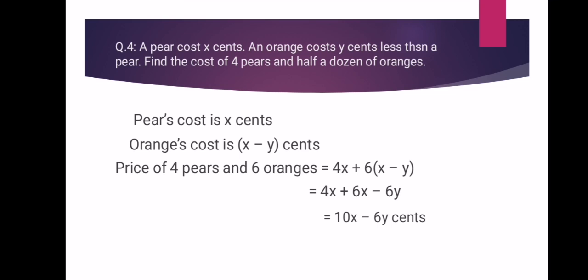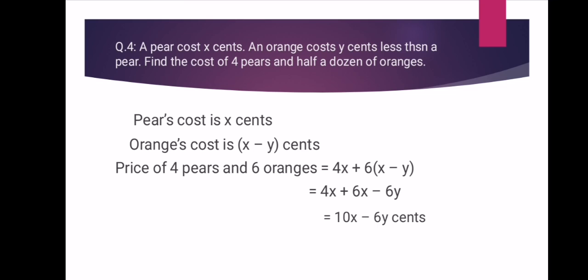So our expression for the price of 4 pears and 6 oranges is going to be equal to 4 times x, this is going to give you the cost of 4 pears, plus 6 times x minus y, because we have to find out the price of 6 or half a dozen oranges, and the price of 1 orange is x minus y. So 6 times x minus y will give you the price of 6 oranges.